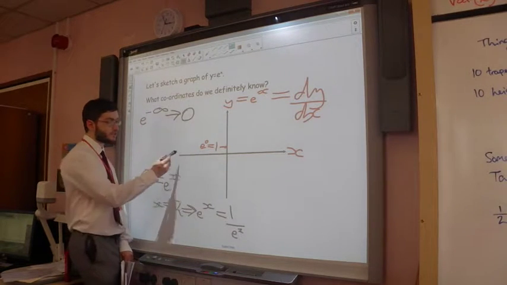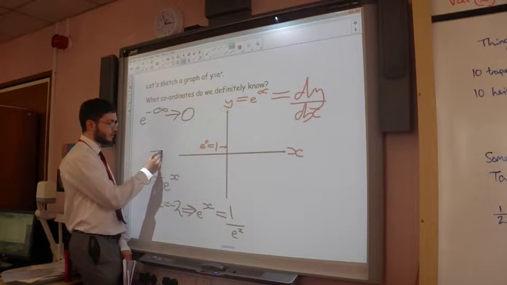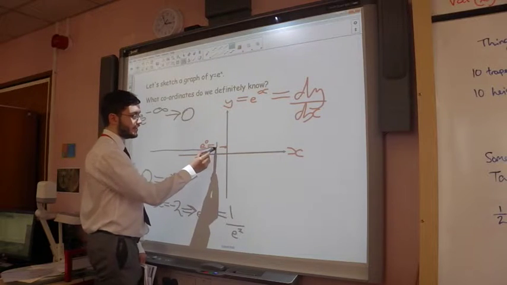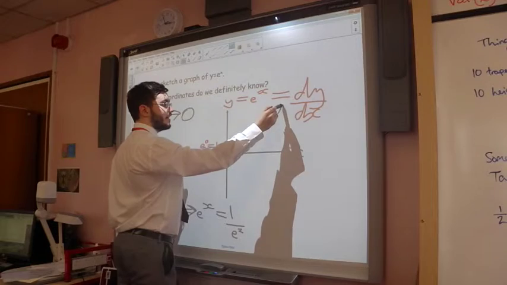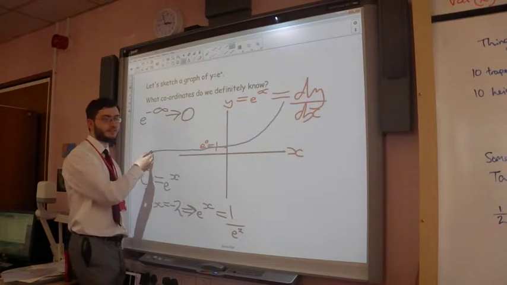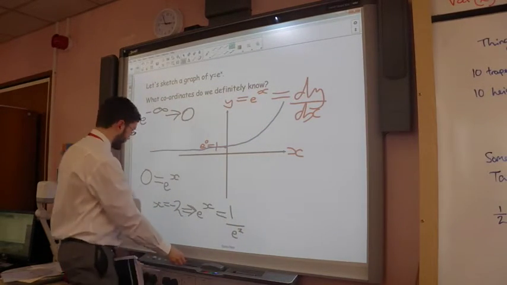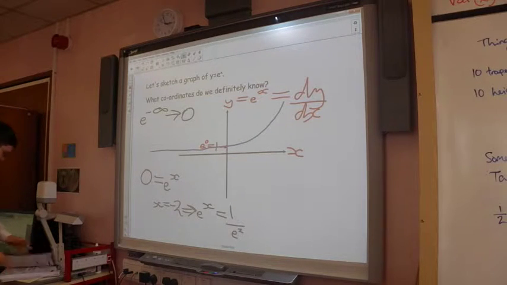So as a sketch, we start off really small over here, and we go higher and higher and higher. You see the gradient is always increasing with x. Now I can plot a much nicer one for you on Autograph. Can you have a sketch of that in your notes, please, while I bring up Autograph? And I'll show you the neat version of it.